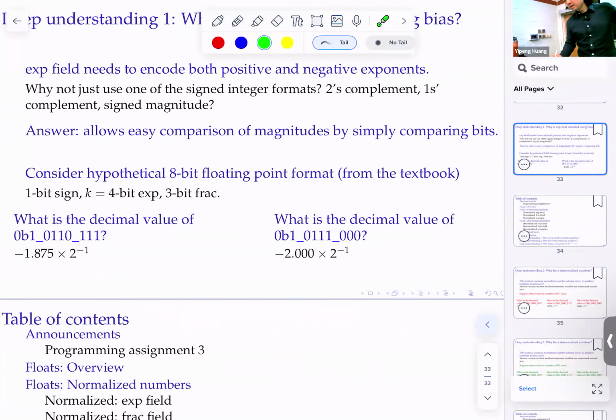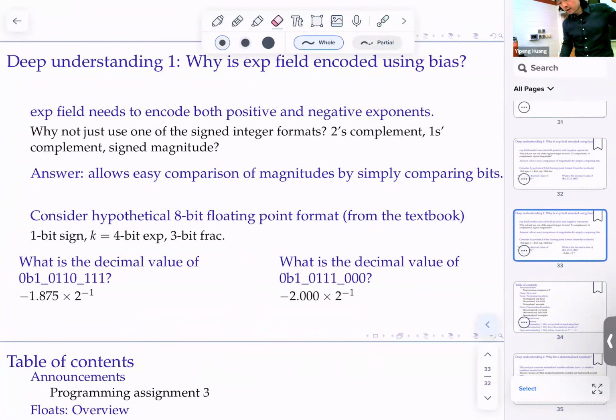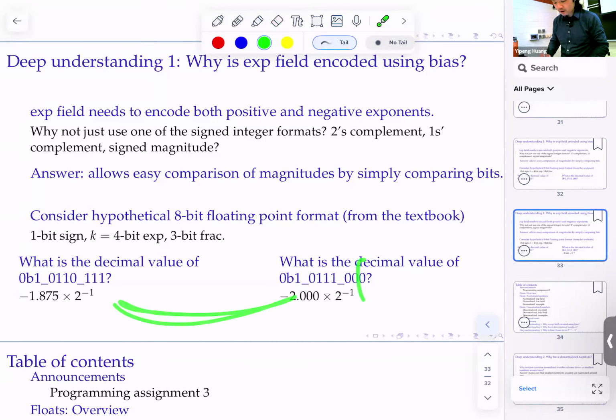I'll get to the point. The reason why the bits are ordered in that way, and in fact another important point here, all of that is designed so that comparing two numbers is as if you're just comparing the bits for integers, right? You can test this out, you can work through this. You can compare any of these numbers by just comparing bit by bit, right?